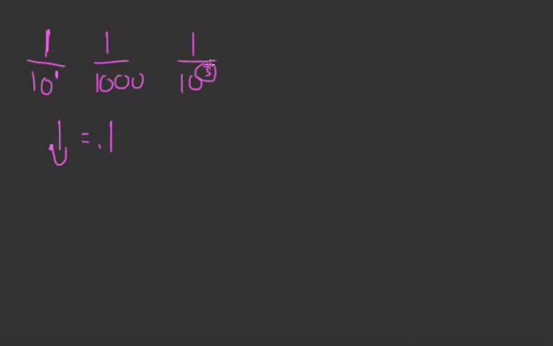And this 3 corresponds also to the number of places that the decimal moves back. So remember the answer was this, 1, 2, and 3. This is just another way of looking at it. So this equals 0.001, and indeed, this 3 also corresponds with the fact that there are 3 numbers after the decimal point.